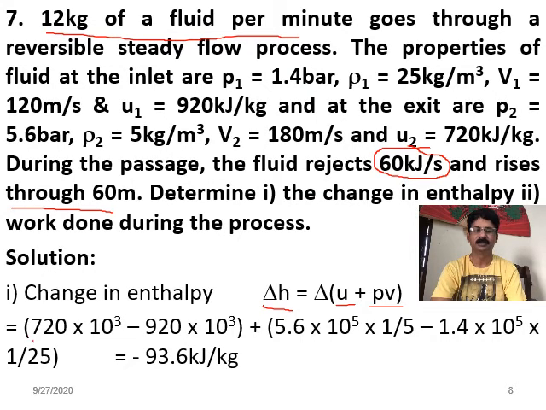You can see here U2 minus U1, so this is U2, and this is U1, plus P2 V2. V2 here is not given directly, so that is what you have to find out by the reciprocal of the density, 1 by rho 2.